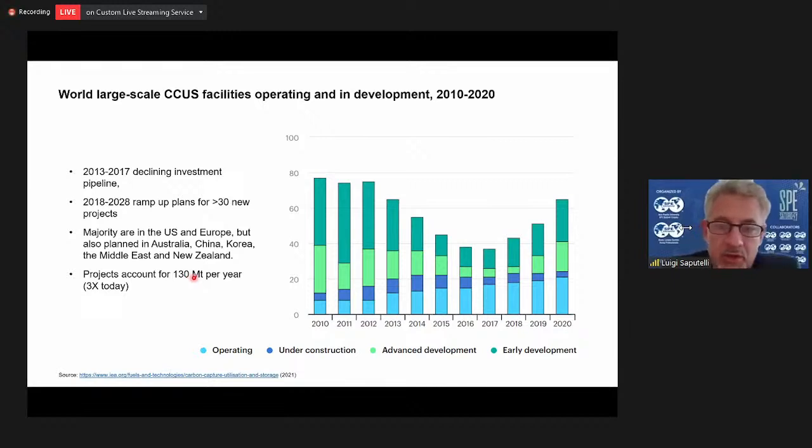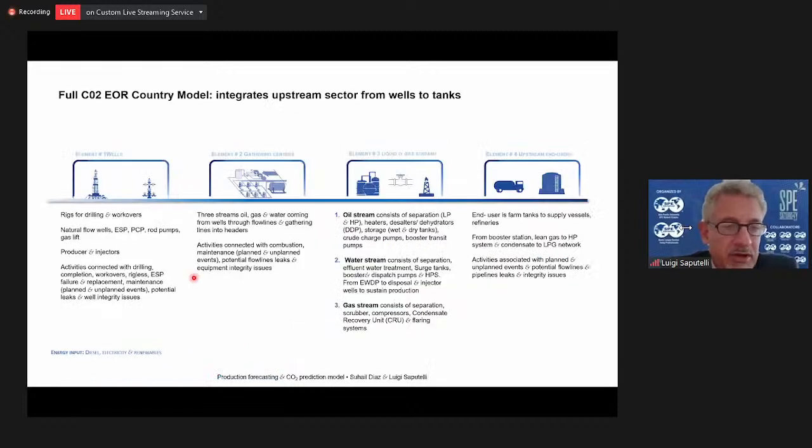Okay, now I will talk to you about the model that we developed, a CO2 EOR model that integrates the upstream sector all the way from wells and tanks, to see the magnitude of CO2 and the CO2 EOR improvement options that we will have for a typical field development plan.